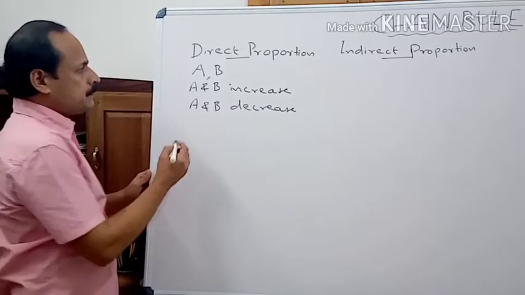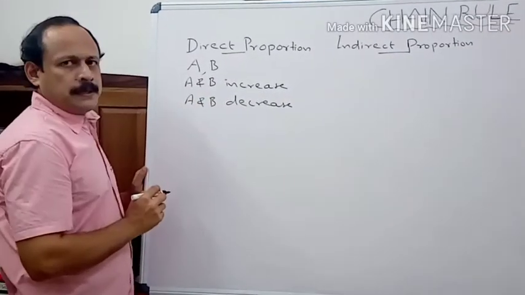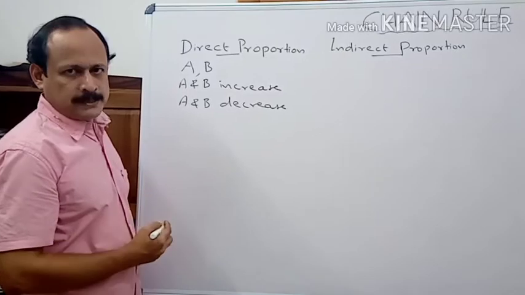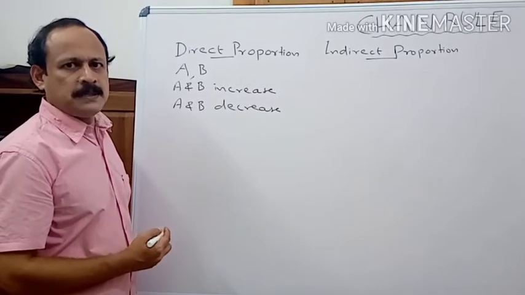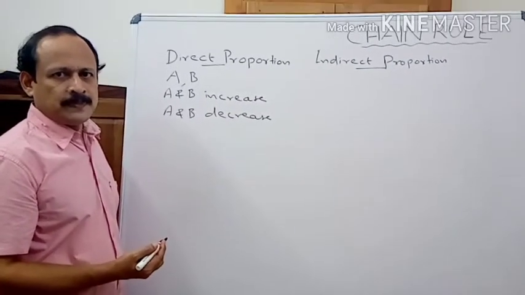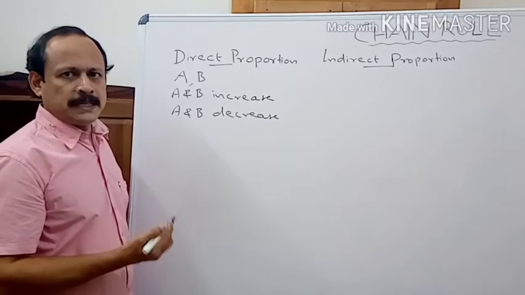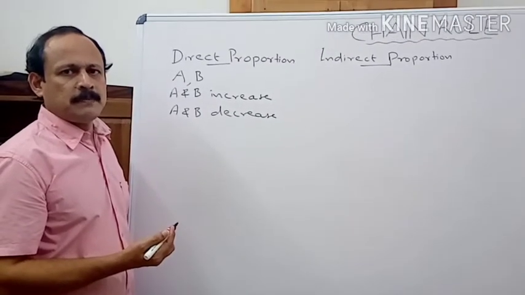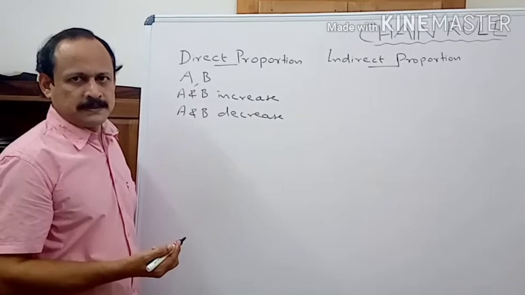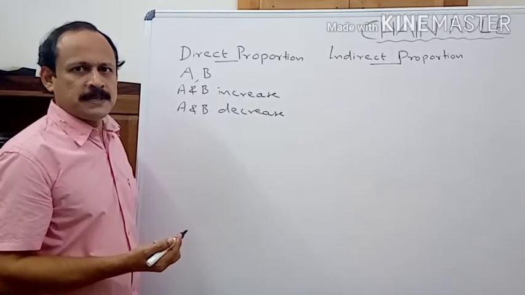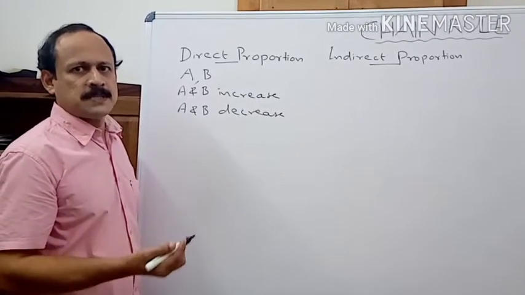See examples. If we go to market and purchase different items, the cost increases if we purchase more items. That is, when items increase, cost increases.